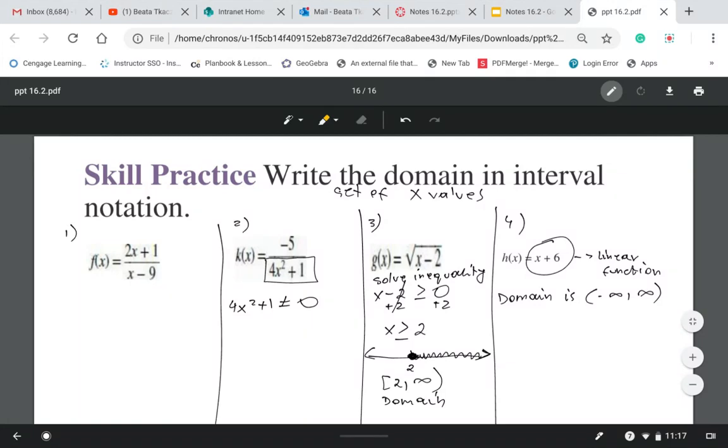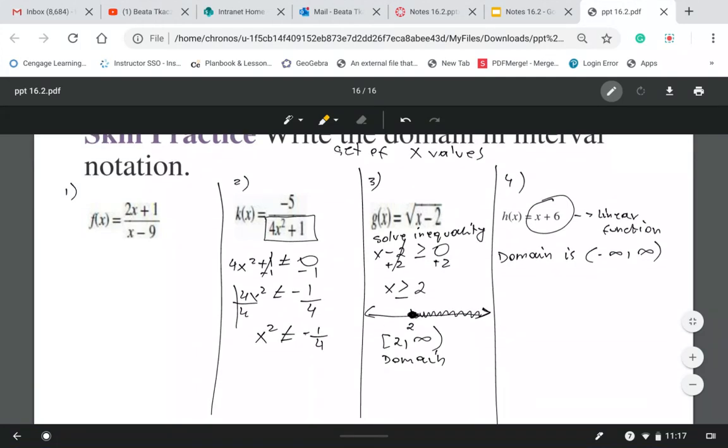If you solve that for x, you subtract 1 from both sides and get 4x squared is never equal to negative 1. Divide by 4, and you end up with x squared is never equal to negative 1 over 4. And this is always true. Any number brought to the second power is always positive, so it will never be equal to negative 1 over 4.